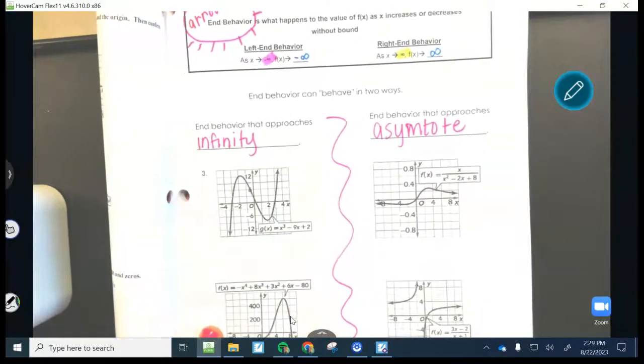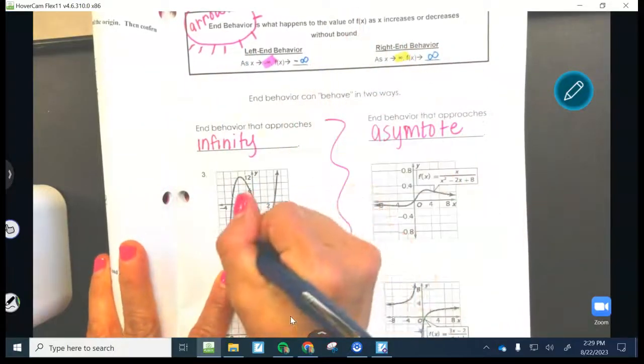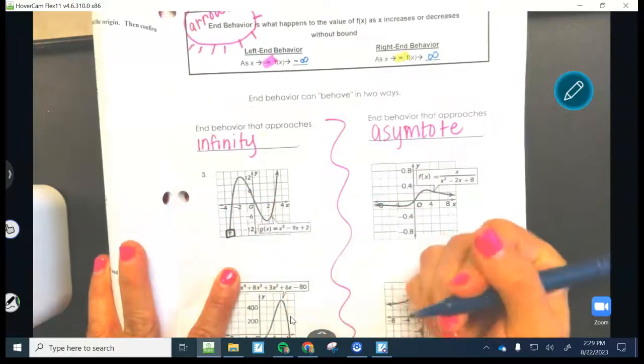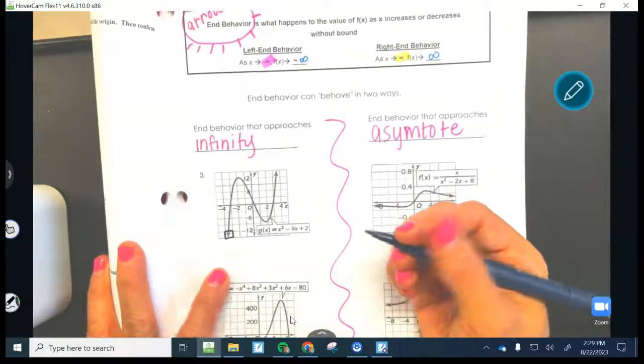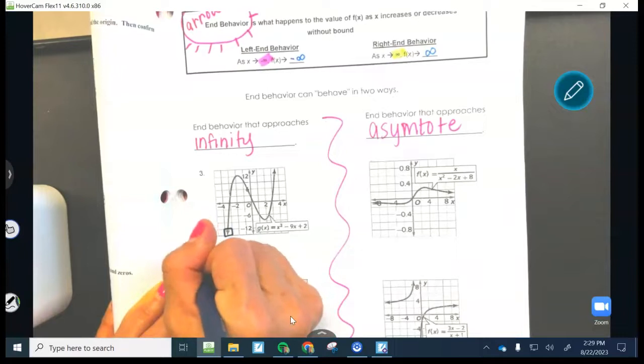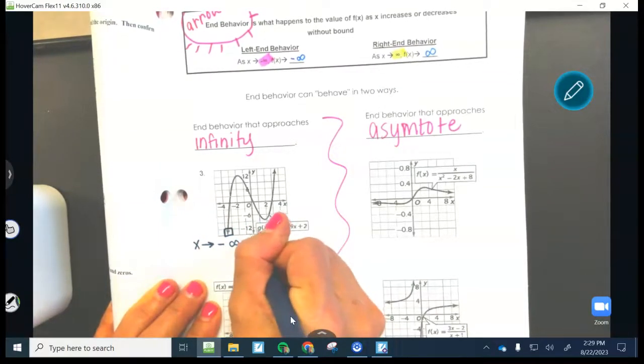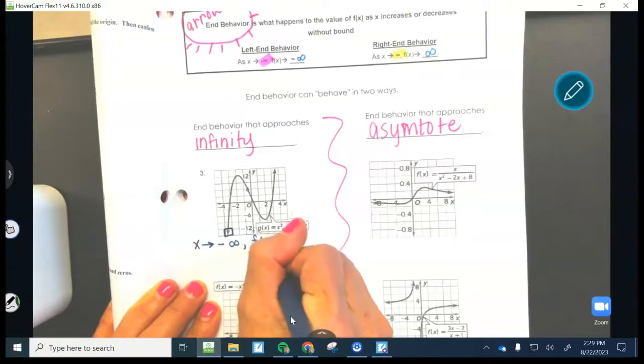So let's talk about when a graph approaches infinity. It's going to be very similar to this step up here. Here is my far left side arrow, that's negative infinity. So as x approaches negative infinity, what's happening to those y coordinates?